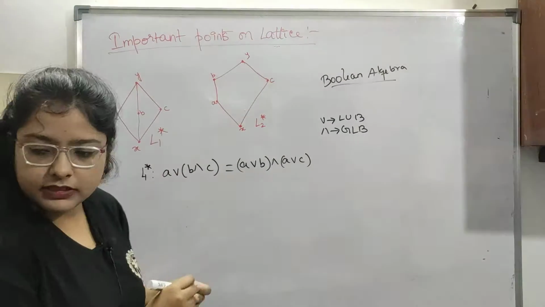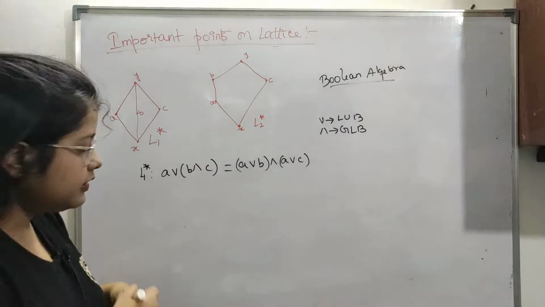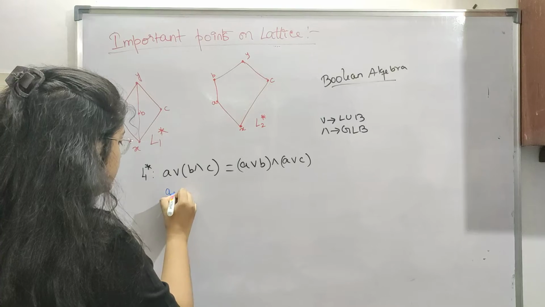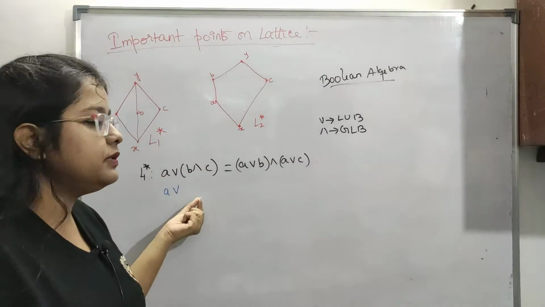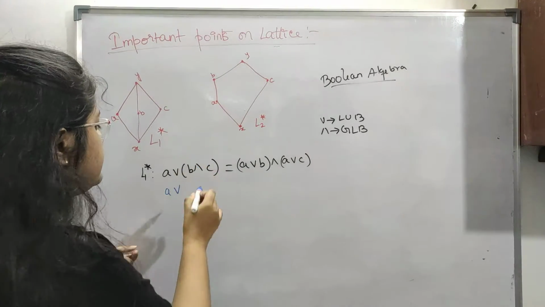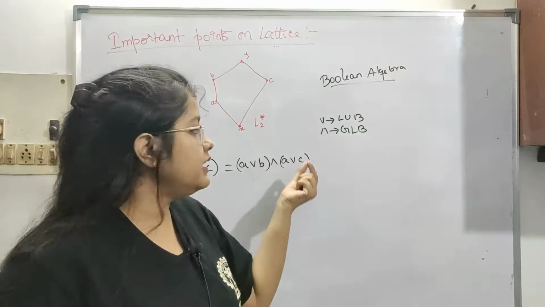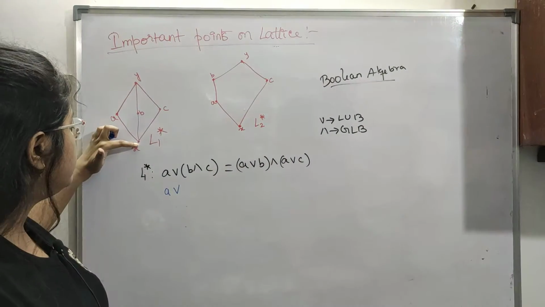A LUB (B GLB C). B and C, greatest lower bound of B and C. B is here, C is here, greatest lower bound here is X.